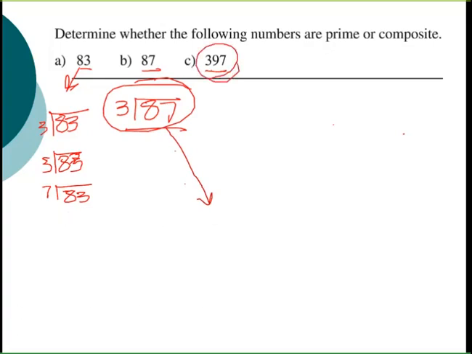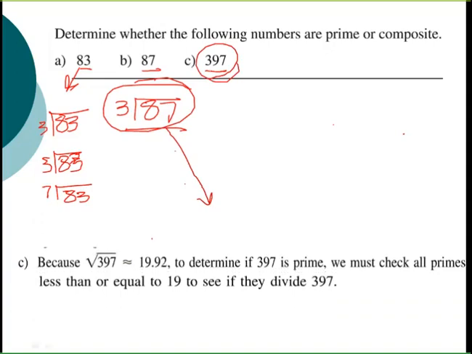So 397, we do the same process. We've got to figure out what the square root is. If you do the square root of 397, you get 19.92. To determine if it's prime, we have to check all the primes less than or equal to 19 to see if they divide 397.